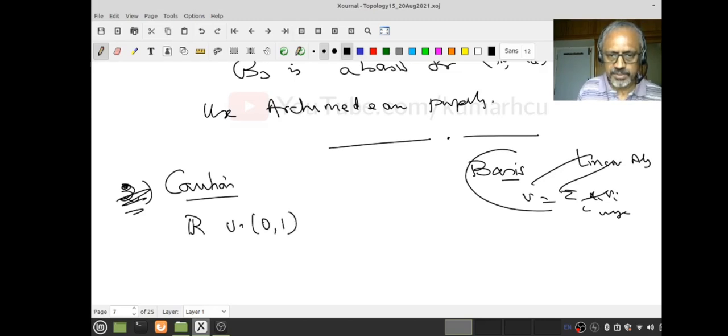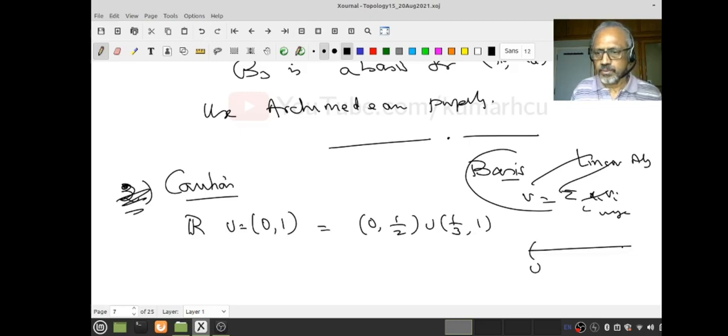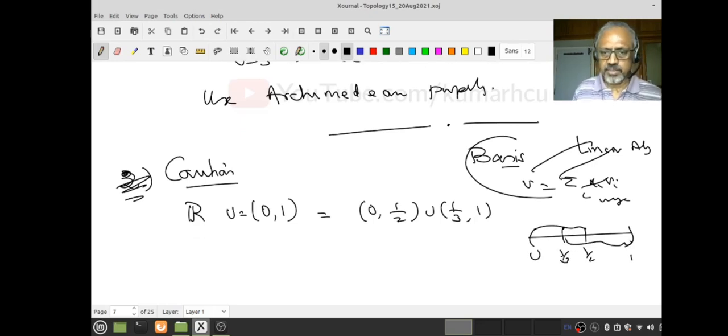For example, in R, let us look at (0,1). This is an open set, right? This open set I can write as (0, 1/2) union (1/3, 1). And both are basic elements. Do you see that? This is already a basic element.